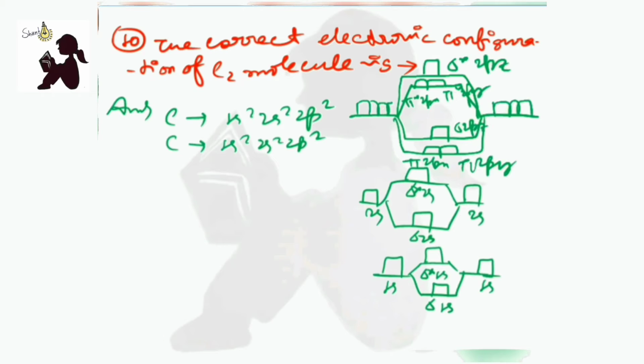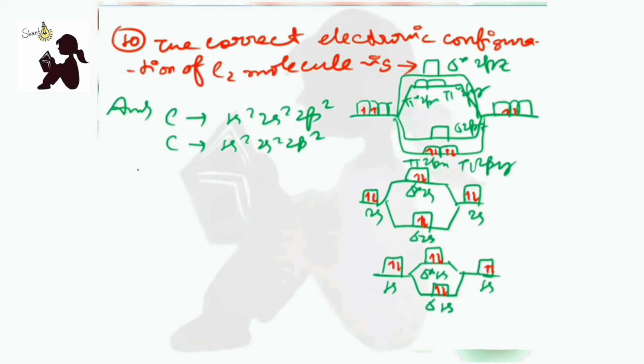So let's fill them with electrons. 1 2, 1 2, and so on, because they are all filled. You can see 2 2 2 2, but here it has 2 electrons, here it also has 2 electrons. So you can see in the molecular orbital, pi 2px and pi 2py will be filled first, so there are no excess electrons here.